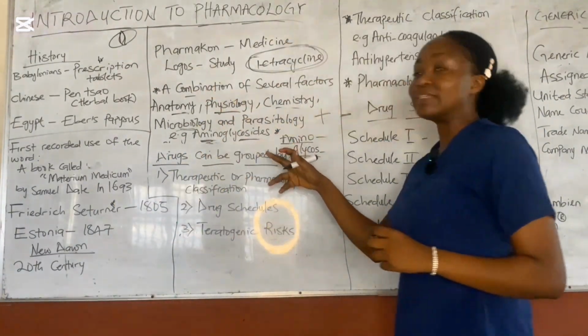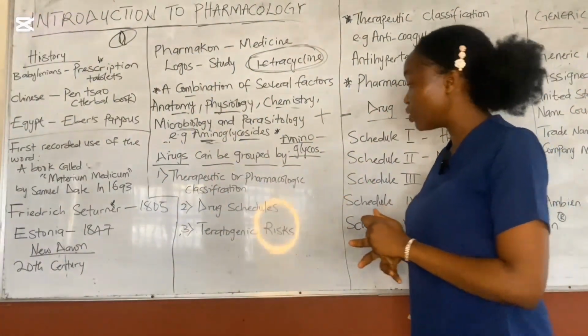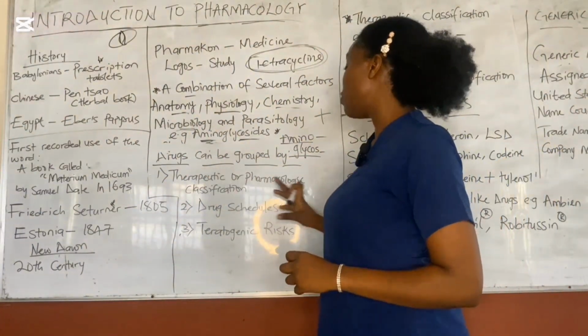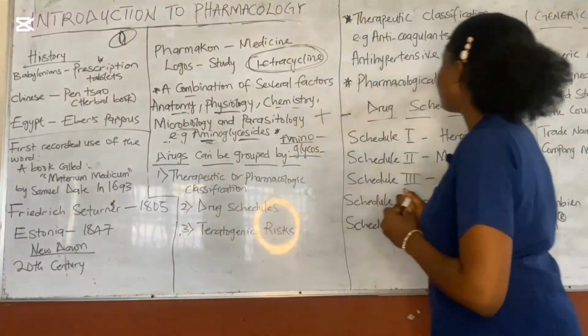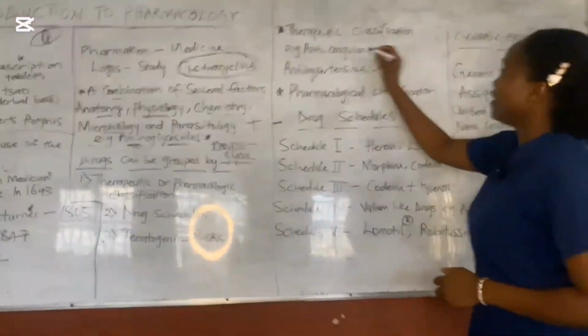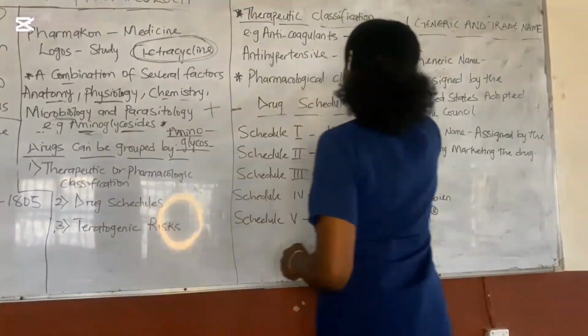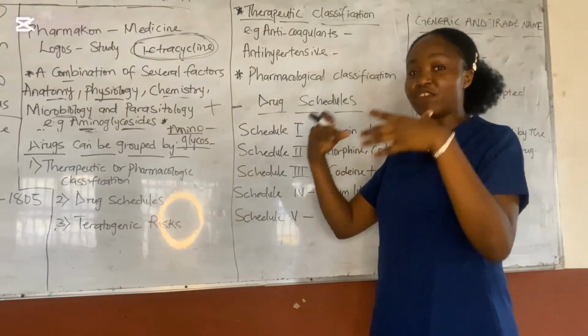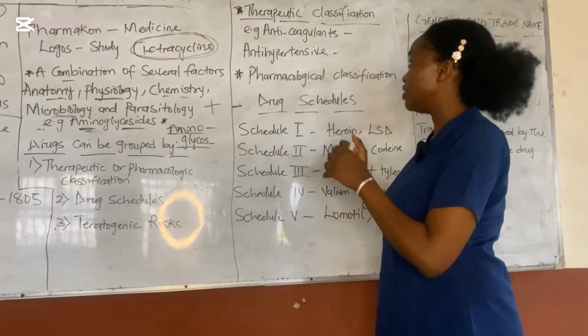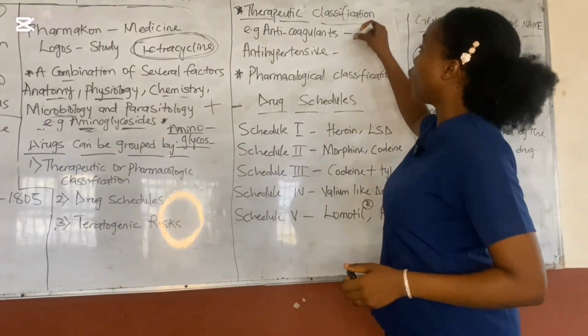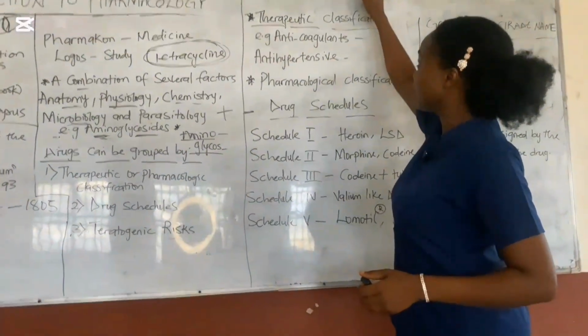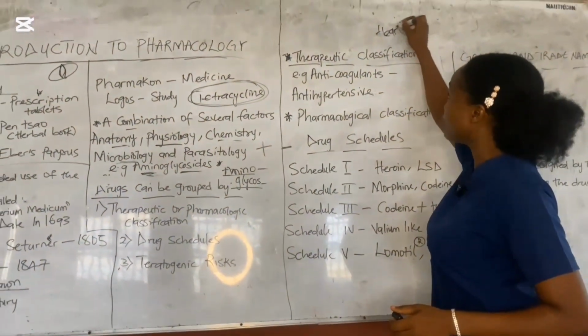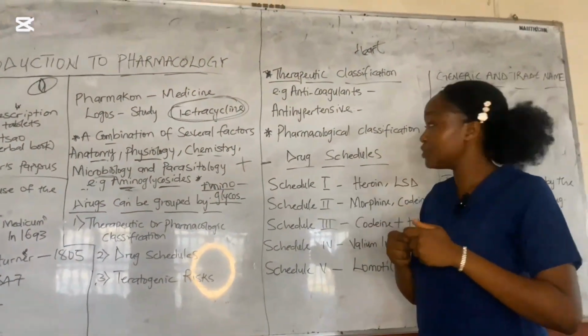Alright, now we're going to look at the several ways we can group a drug. I'll start with the therapeutic or pharmacologic classification. When a drug is classified therapeutically, we're looking at the therapeutic effect of that drug generally. For example, when it comes to the heart as a whole, there are several drugs with several therapeutic effects.